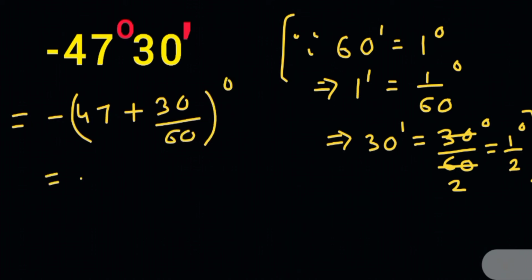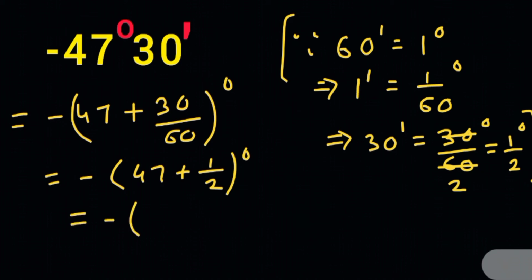So minus 47 and 30 upon 60 is nothing but half degree. Taking LCM as 2, 47 into 2 is 94, plus 1, 95 upon 2 degree, so minus 95 upon 2 degree. So this minute I converted into degree.